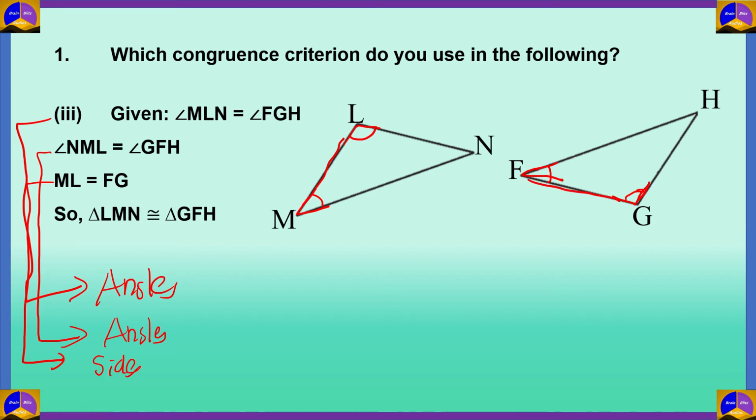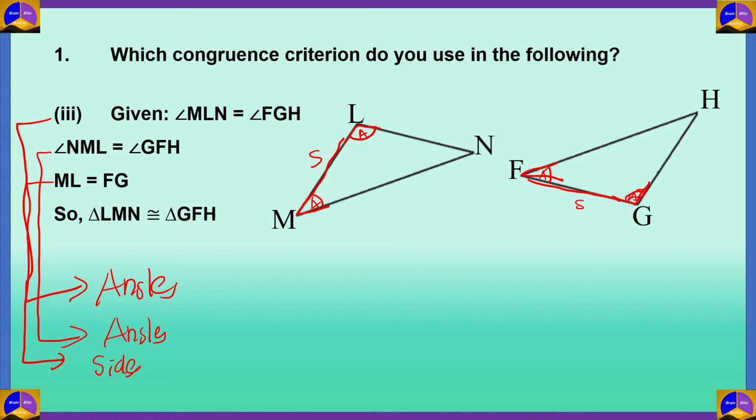Now if we are given two angles and one side, we have to check if the side is between the two angles. Similarly, in the previous question, if we are given one angle and two sides, we have to check if the angle is between the two sides. Now in this, we can clearly see that the side is between the two angles.